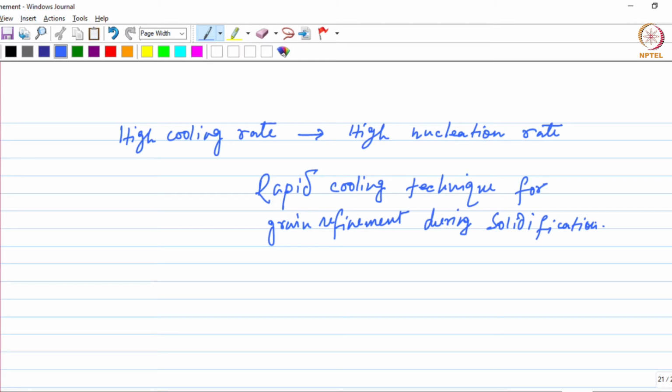And we know by now high nucleation rate means a finer grain size. Okay. So I think we are now done with setting the background for this grain refinement technique during solidification.